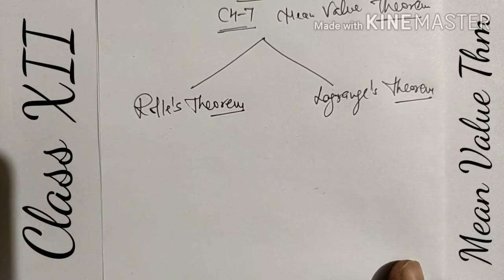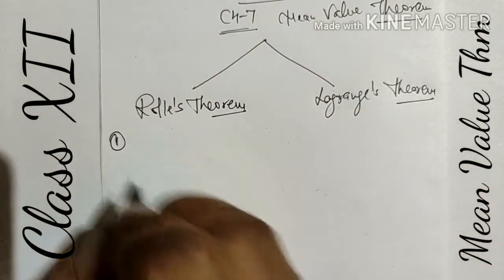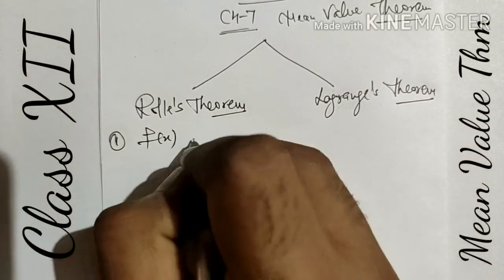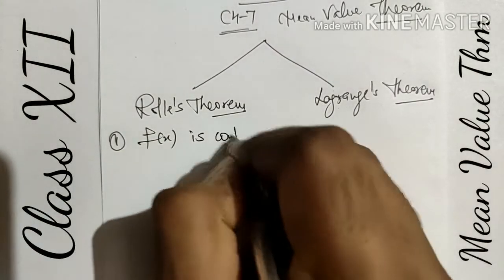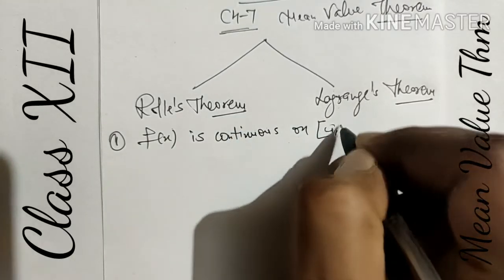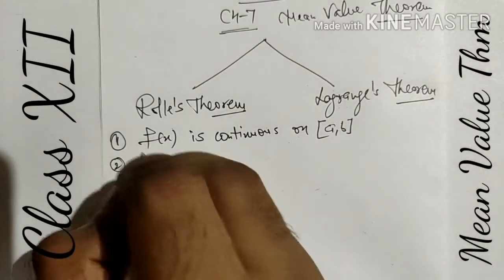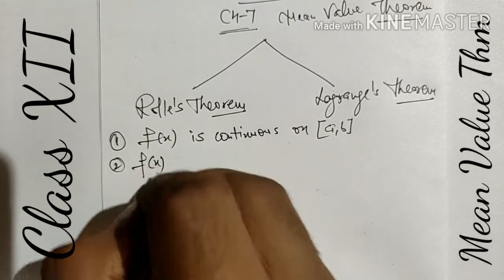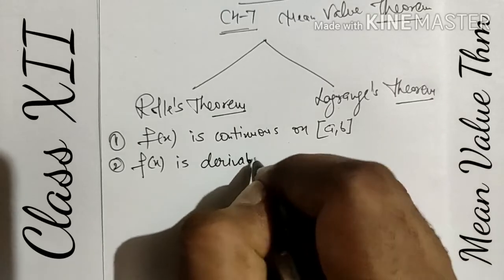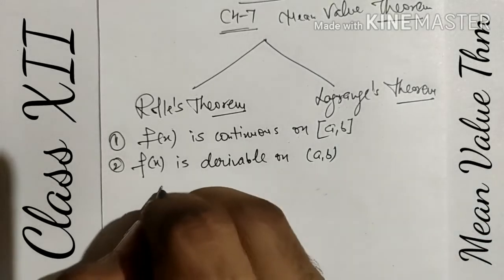Here are the rules to identify them. First rule: we have to check that the given function f(x) is continuous on the given closed interval. Second condition: we have to check that the given function f(x) is derivable on the open interval (a, b).